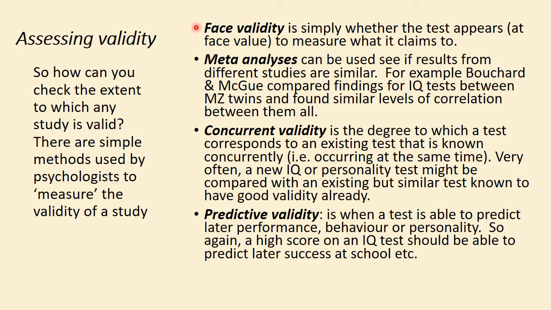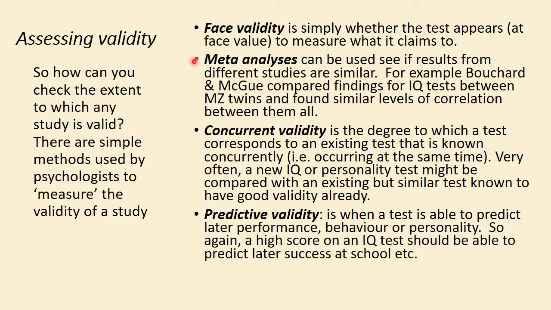On the face of it, does it look like it makes sense? Another way of assessing the validity is using meta-analyses. So you might remember this, things like Van Ijzendoorn and Kroonenberg's study of cross-cultural variations in attachment was a meta-analysis where you take the results of lots and lots of different studies. Now, this is kind of using reliability to check the validity of something. Remember, we can't really claim something is valid if it doesn't have reliability.